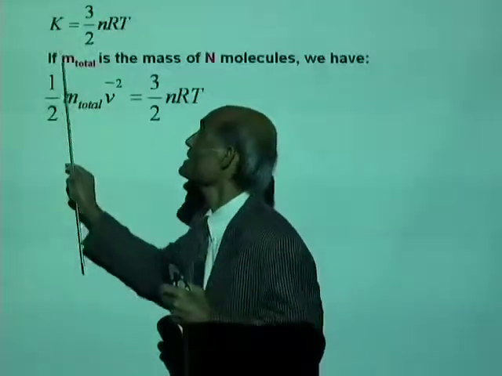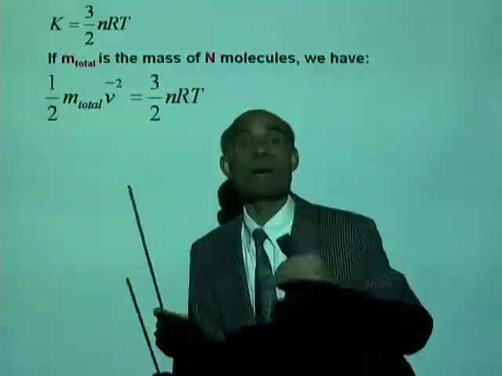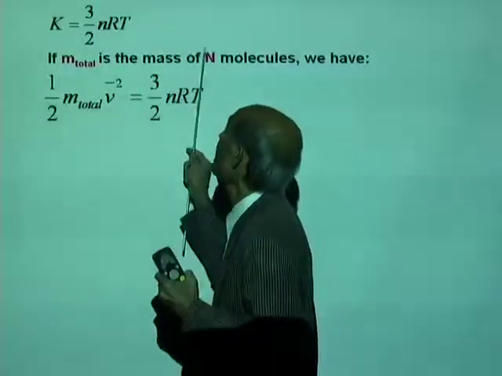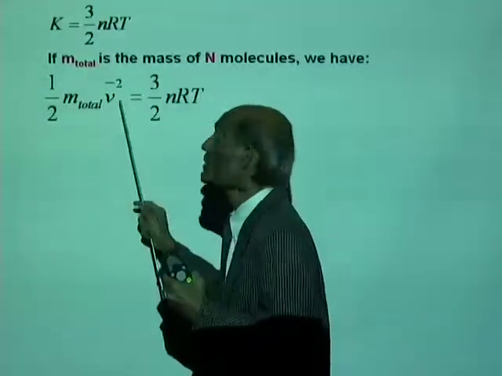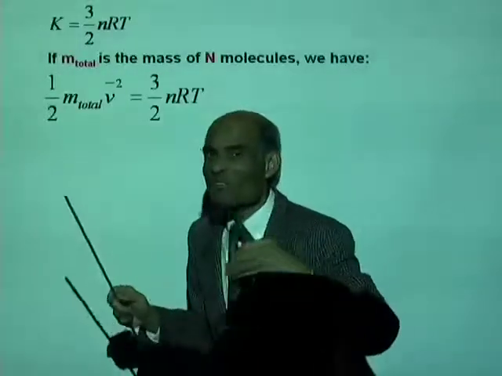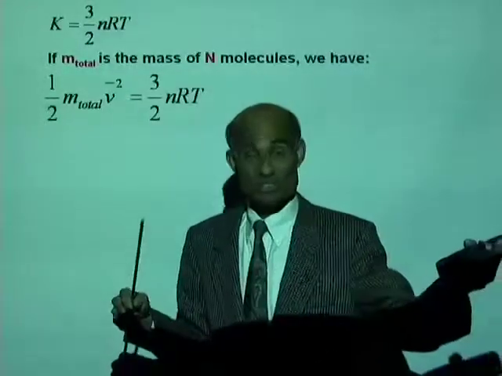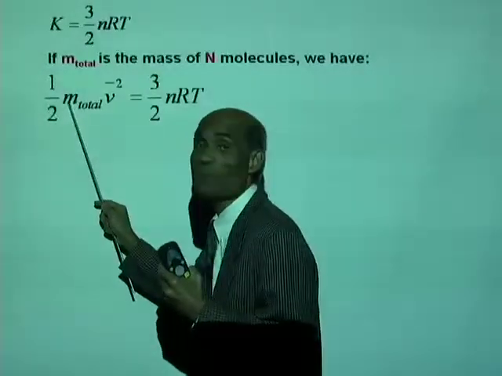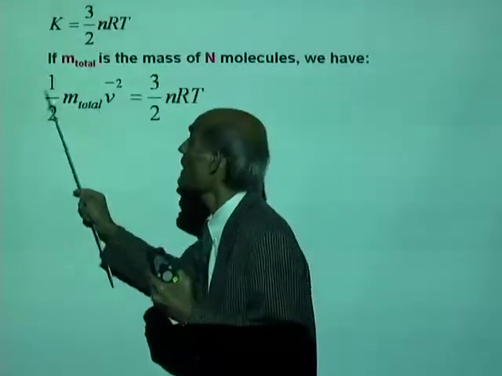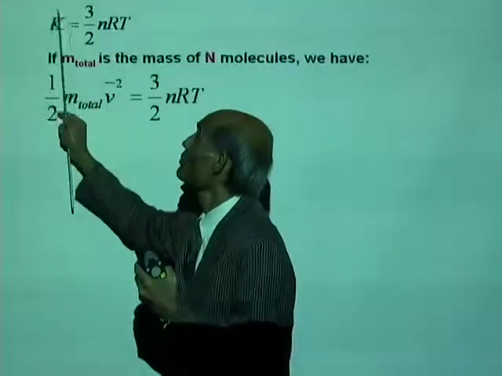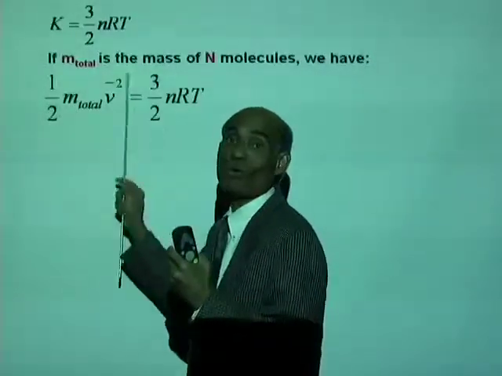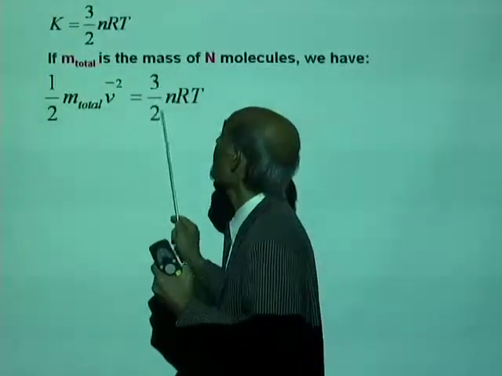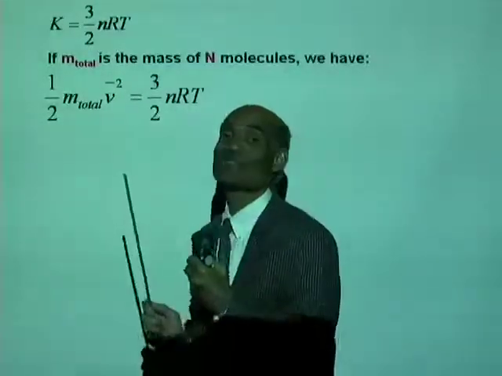And you know that kinetic energy is 1/2 mv squared. M is the total mass of these N molecules. V bar is the average velocity of each of those molecules. Therefore, 1/2 M V bar squared is a measure of the total kinetic energy of all those molecules. And that should be equal to 3 over 2 nRT.